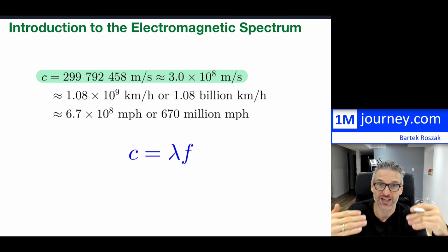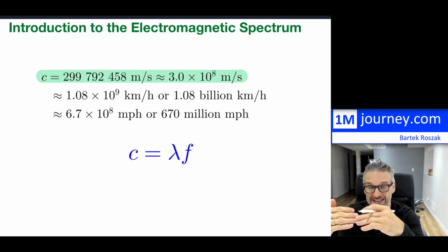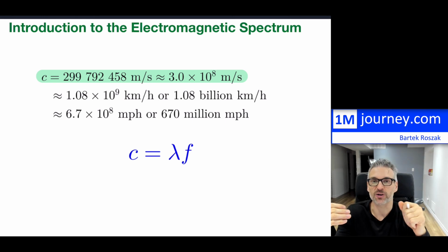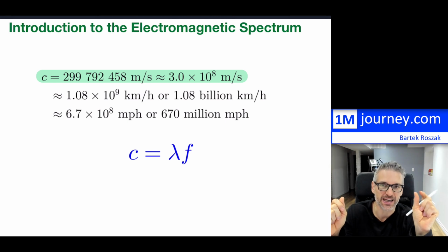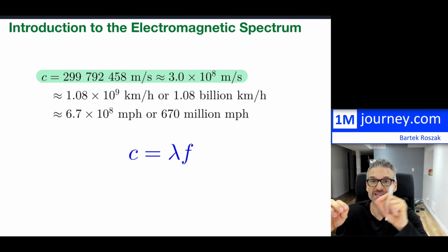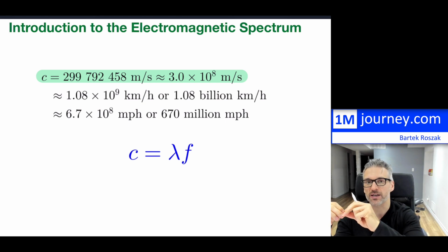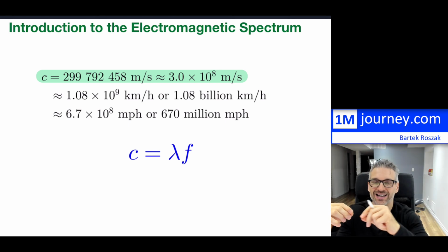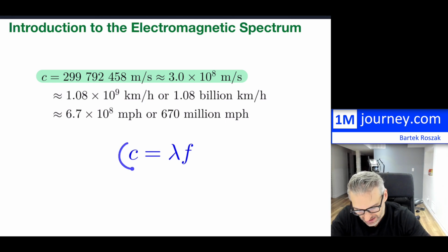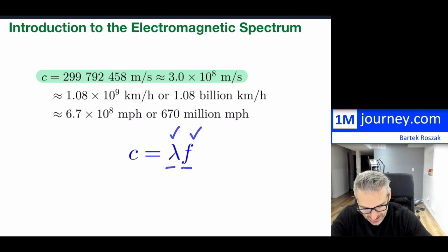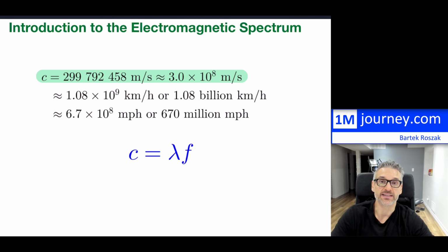It's not just light. Hence the spectrum that we have, and the visible light that we see is actually a very tiny part of that spectrum. These EM waves come in numerous wavelengths and numerous frequencies. Every single one of them propagates at this speed, but the actual wavelength and frequency it carries is different.